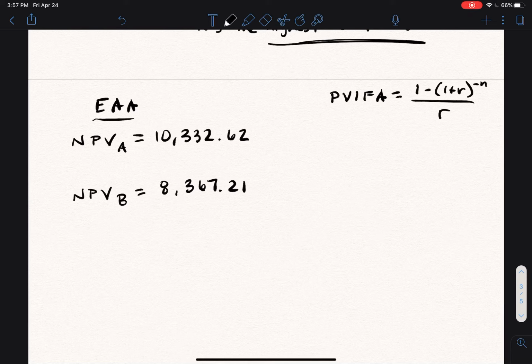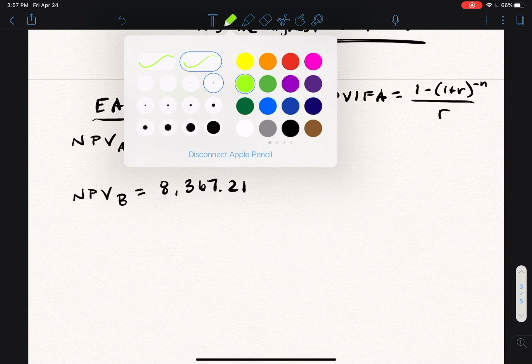And so we don't need a lot of information to be able to solve it this way, because basically what this formula does is it takes the net present value and divides it by the PVIFA, and that gives you the equivalent annual annuity answer. We already know the numerator, the top part of our fraction. We just need to figure out the denominator.